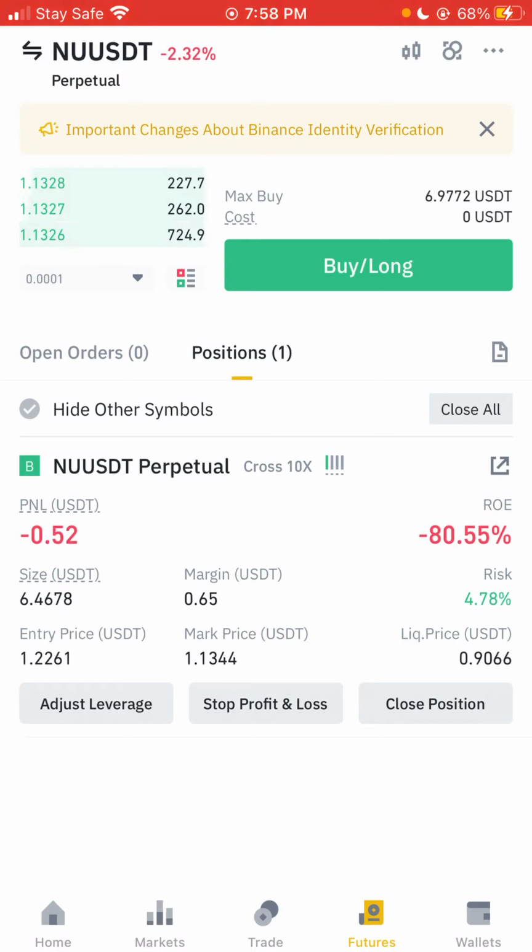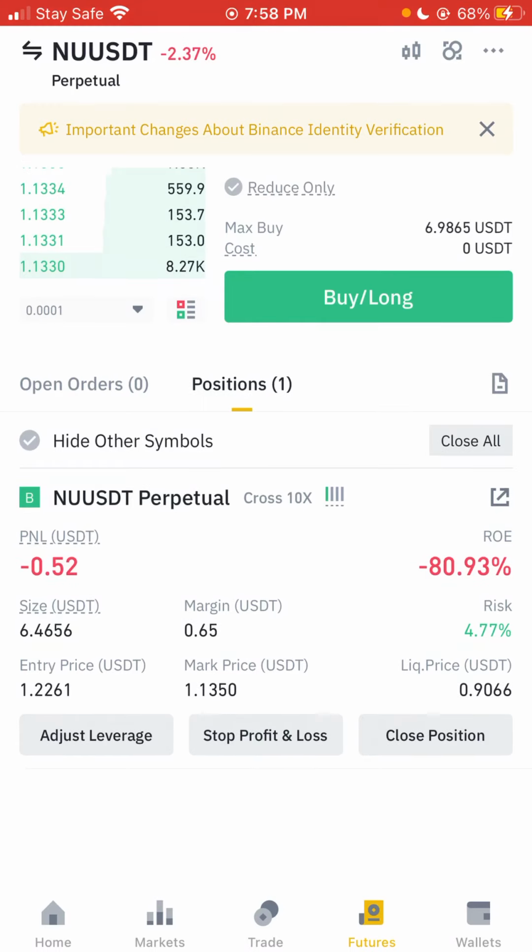I won't have something like this. I believe it's because of this evening's spike. I didn't even set the SL and take profit. If I had set it, it would have kicked me out of the market. That is one of the things you should take note of.